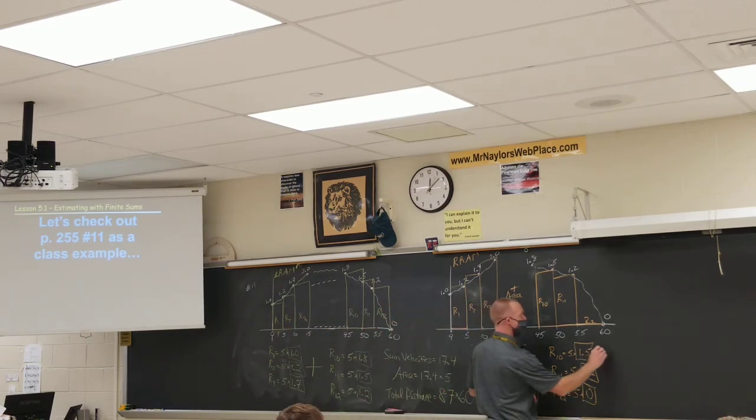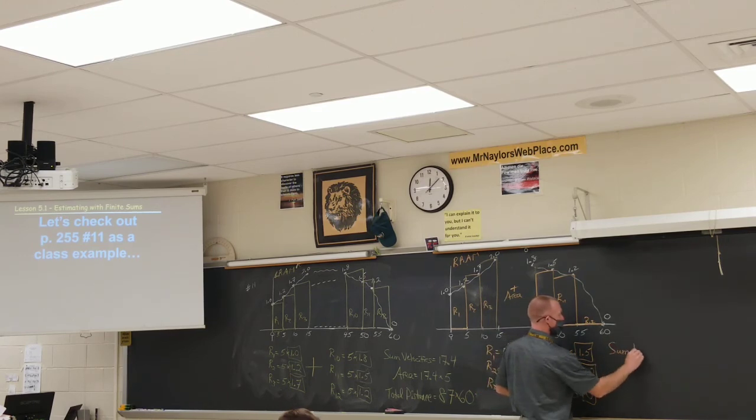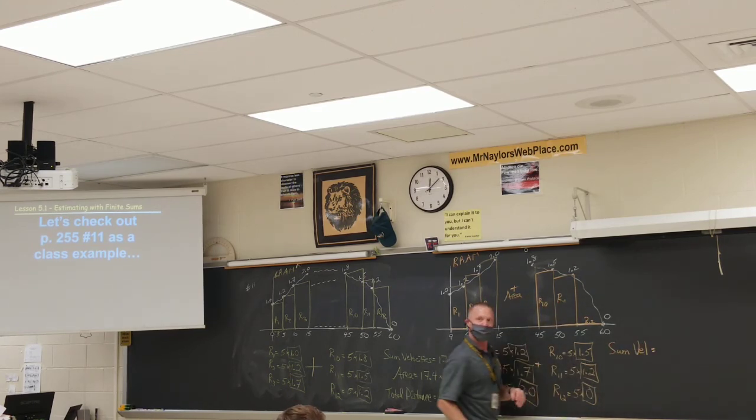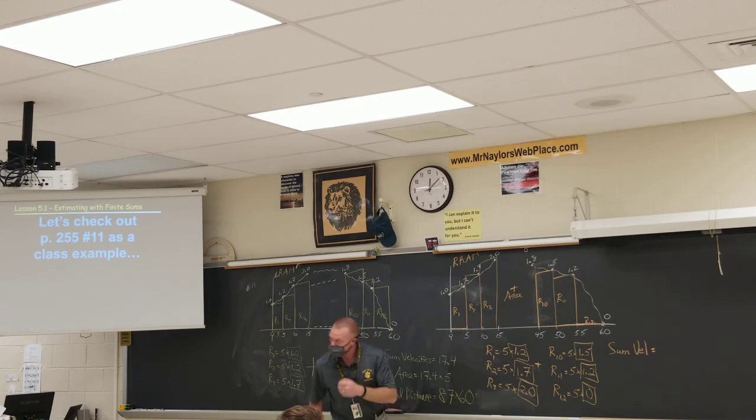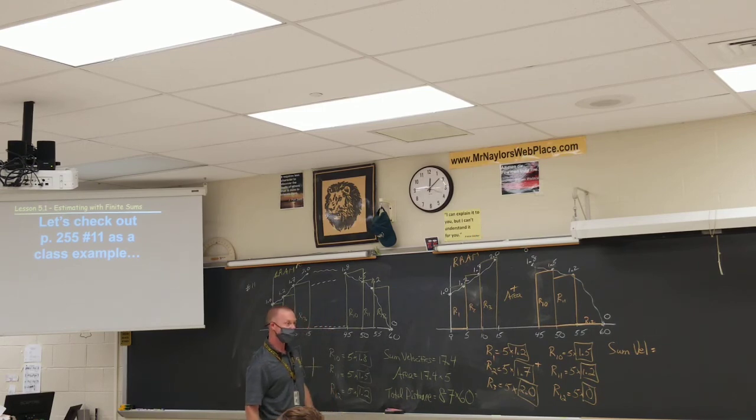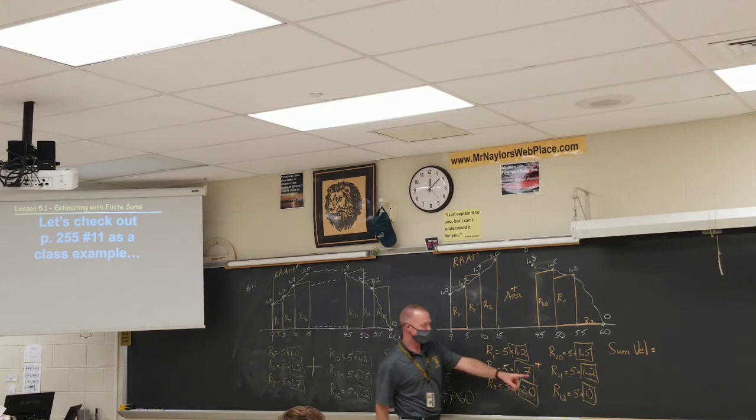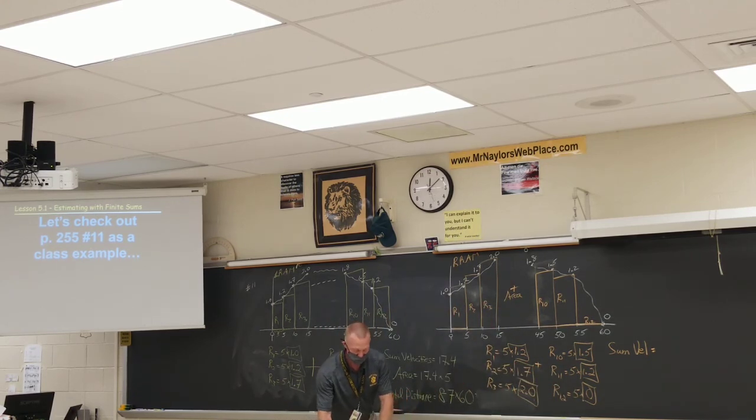So the sum of the velocities, aka the sum of these y values, is actually going to come up a little bit less. Because if you notice, 1.2 is my last one here, but 0 is my last one here. I'm going to come up 1.2 less. Let me just make sure I'm getting the right number, but that's why it comes out to be 16.4.